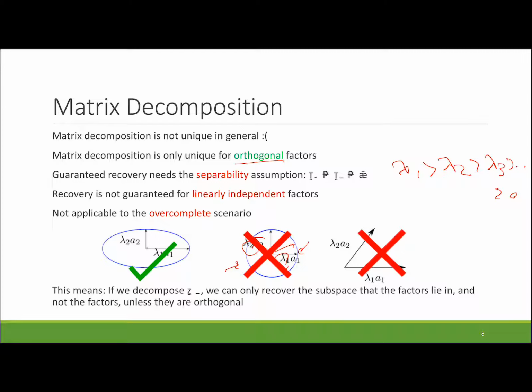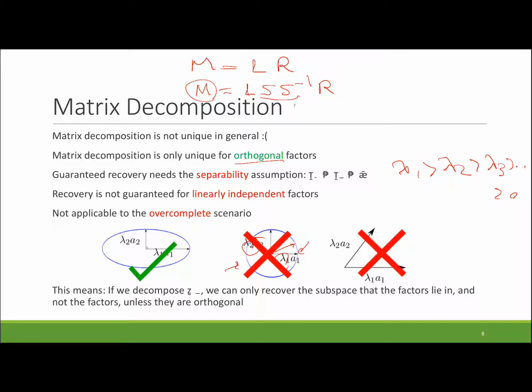Okay, so let me give you an example. Let me consider that I am decomposing my matrix M using the LU factorization, right? If I insert a matrix here and its inverse, this is going to be the same M, right?